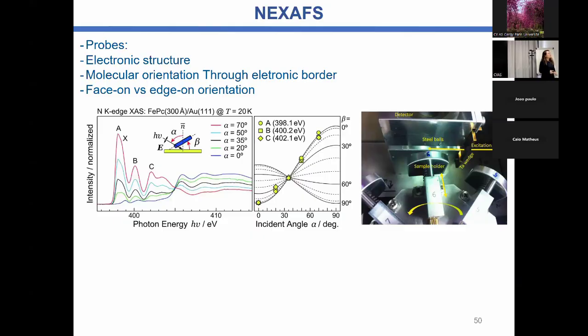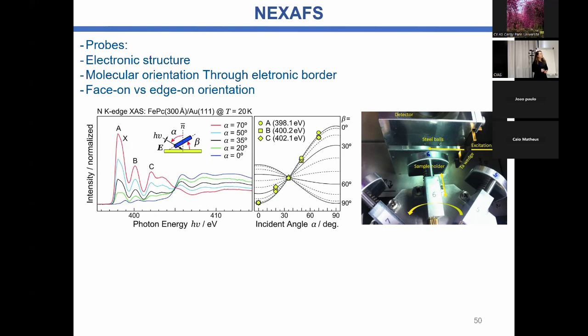And the last one is NEXAFS. NEXAFS is near edge X-ray absorption spectroscopy. So we can probe the electronic structure of the material, and we can analyze the molecular orientation through the electronic orbitals. So you do not see the structure, you see the electronic orbitals, and using this correlation with the electronic property, you can correlate with the morphology.